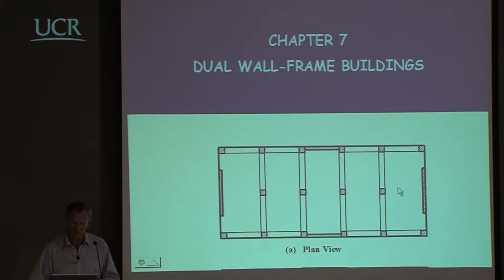And there is a distinction between that situation where the walls and the frames are parallel to the situation in the opposite direction where the walls are continuous with the frames itself. So the beams frame into the walls as you see in this direction. So we'll look a little bit at the differences between those two aspects.